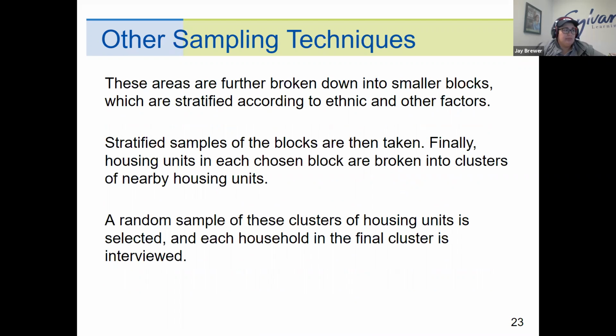Stratified samples of the blocks are then taken, and finally the housing units in each chosen block are broken into clusters of nearby housing units. So a random sample of these clusters of housing units is selected and each household in the final cluster is interviewed. That's a lot.